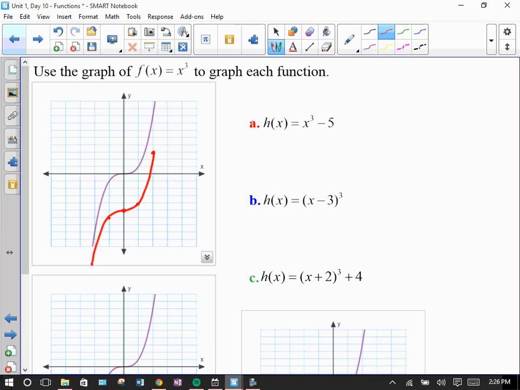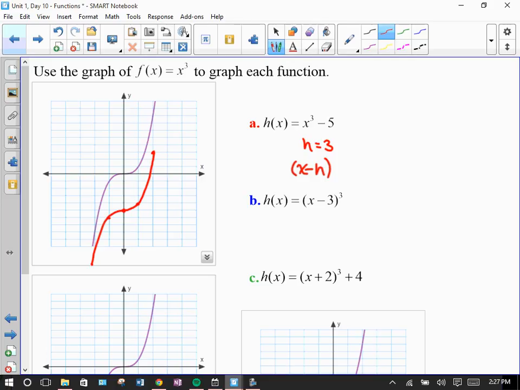What would happen to that graph? It's going to move to the right. Remember, the initial thing would be x minus h. So here, h would be equal to 3.